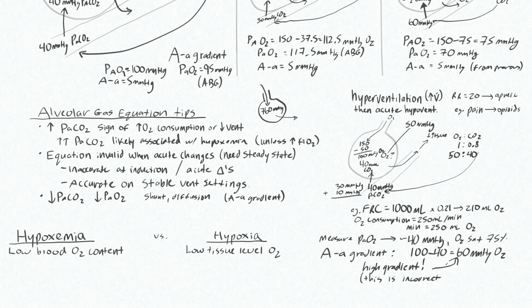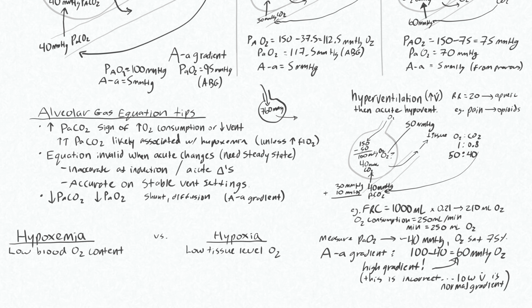While the alveolar gas equation would suggest to you that since this is a high gradient, maybe this person has a shunt now or diffusion abnormalities, but literally the only thing we've changed here is the ventilation of the patient. The low minute ventilation is supposed to be normal gradient.